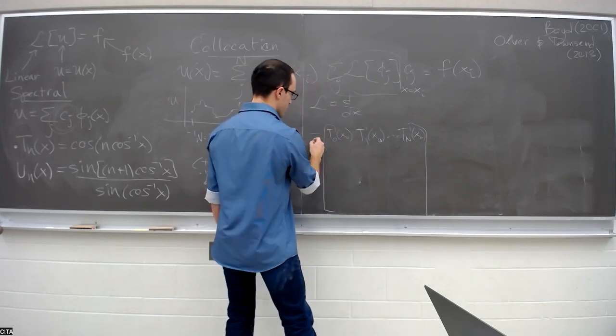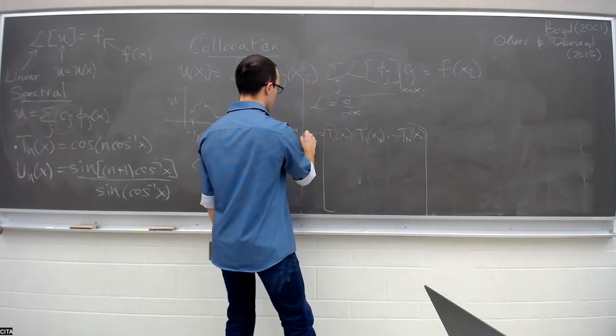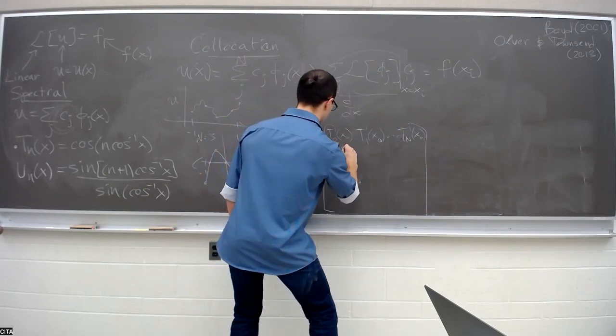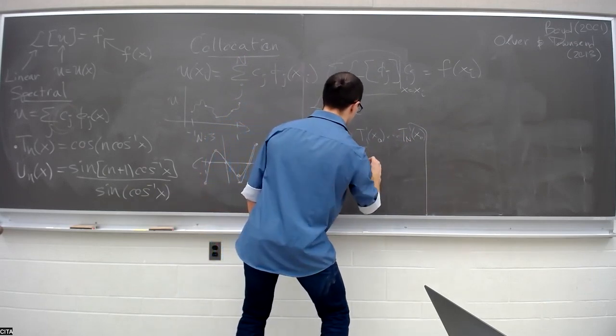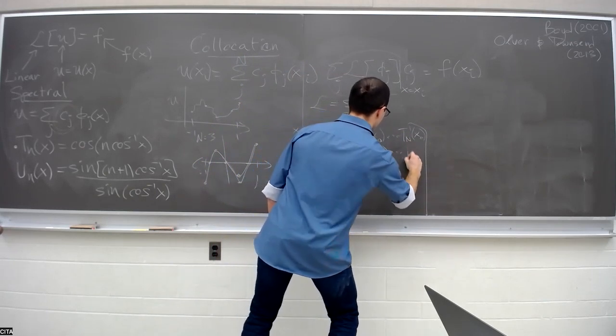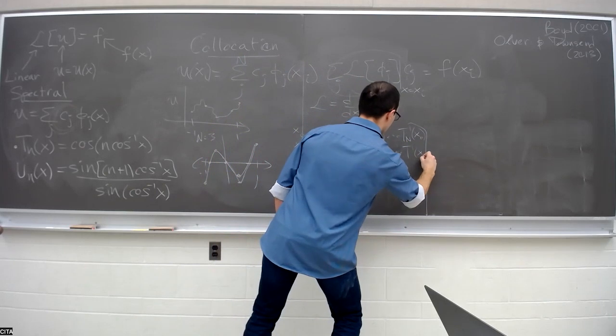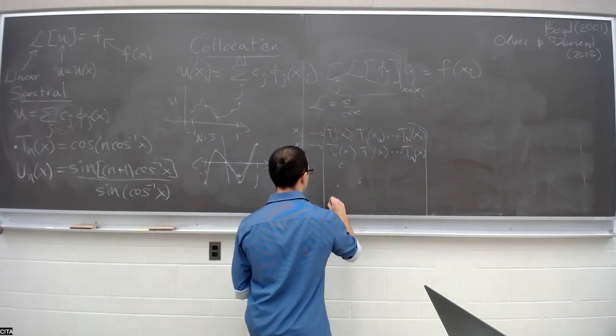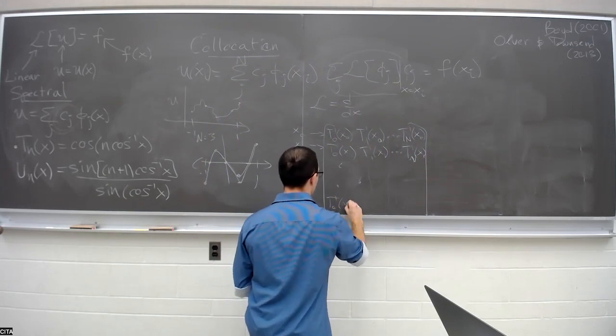And then the next row, so this would be a row corresponding to x naught. The next row would be corresponding to the next grid point. And so on and so forth down to our last grid point.